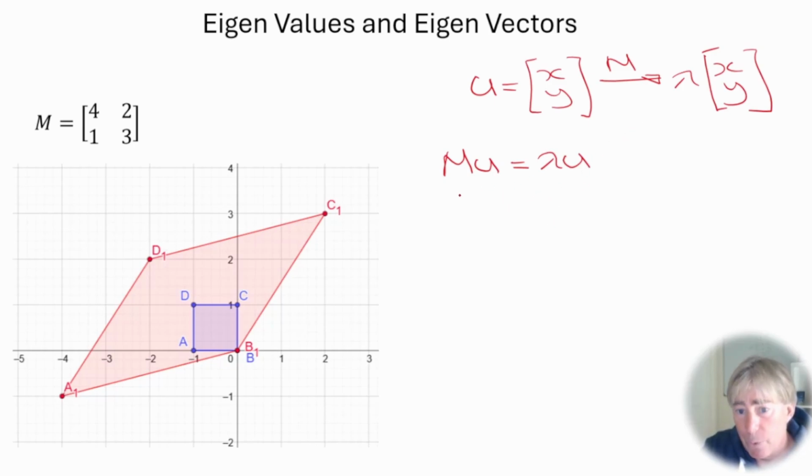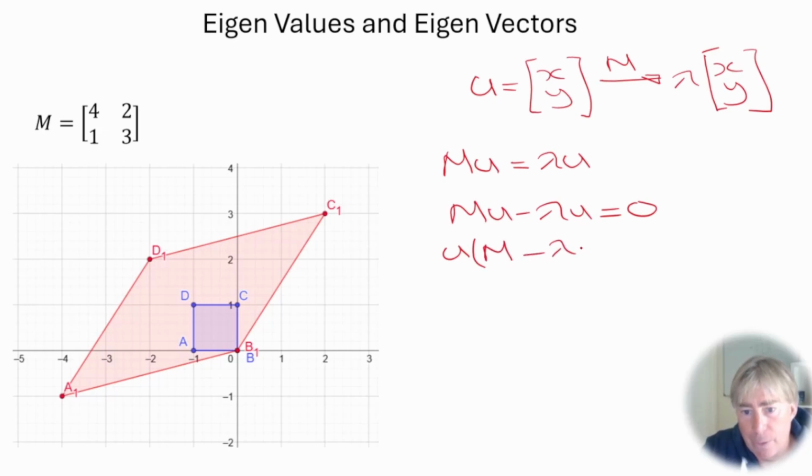You may have seen this before. I can manipulate this and basically say that Mu minus lambda u is equal to 0. I'm going to then take out, as I can, because it's associative multiplication, a factor of u, the eigenvector that we're looking for.